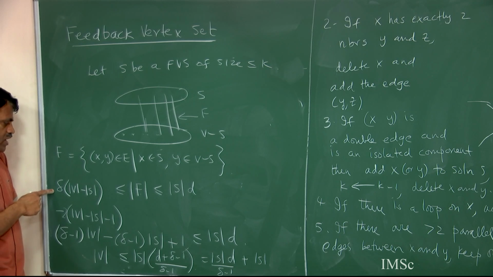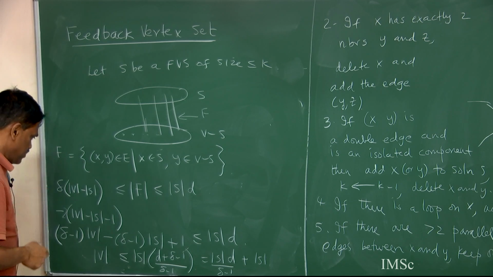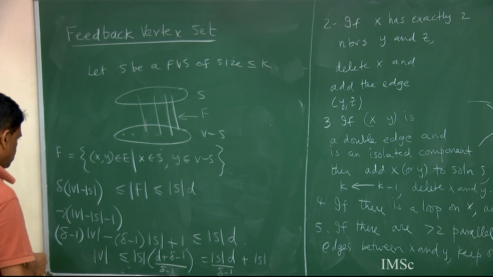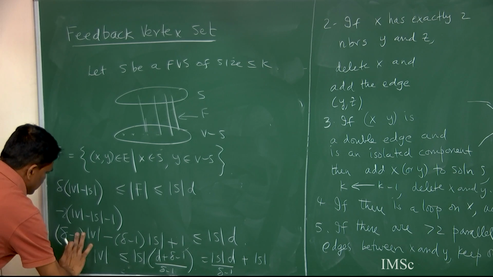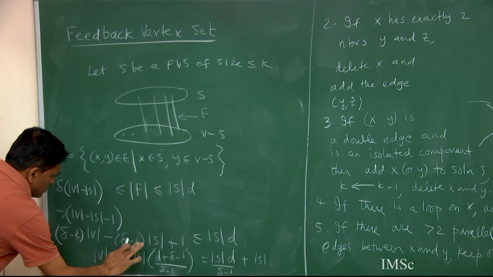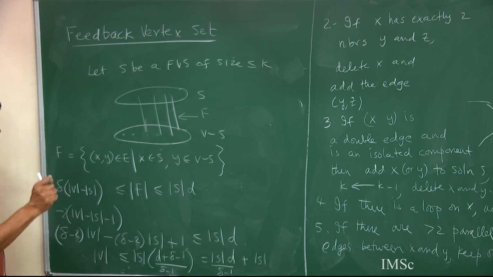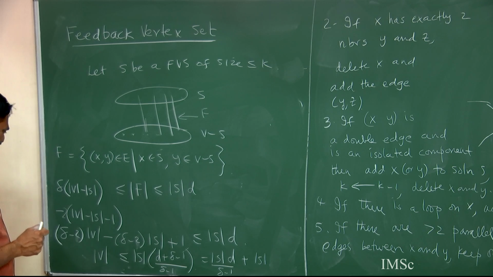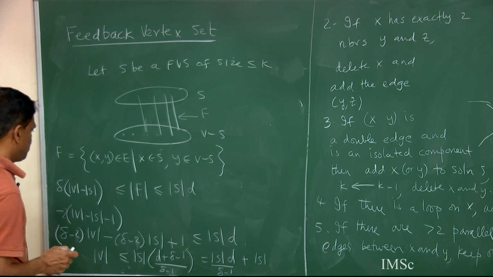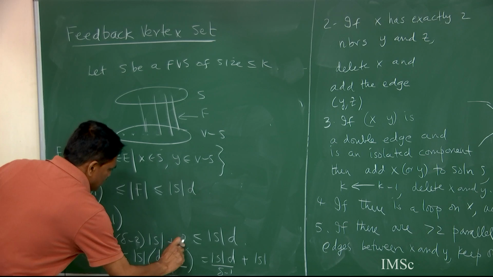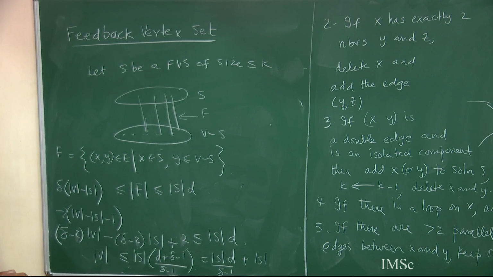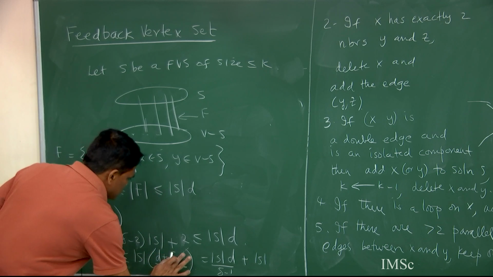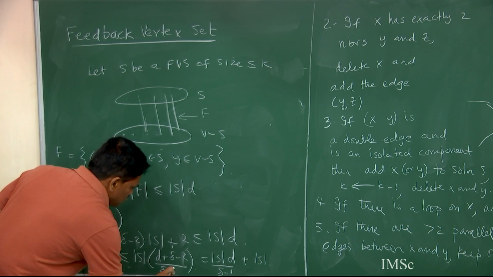Right, because the remaining guys are counted only once because the other endpoint is there. So let me make it delta minus 2, because delta is not 2 should play a role, plus 2. So this is less than or equal to delta plus delta minus 2 by delta minus 2.